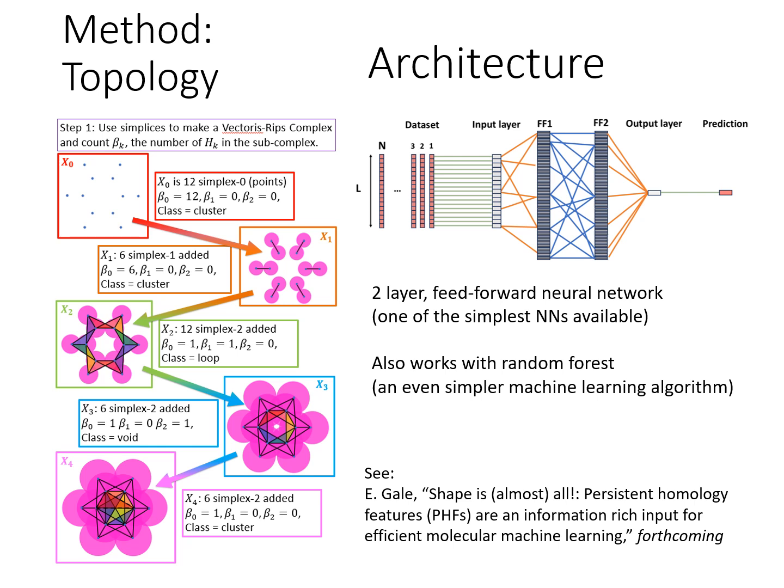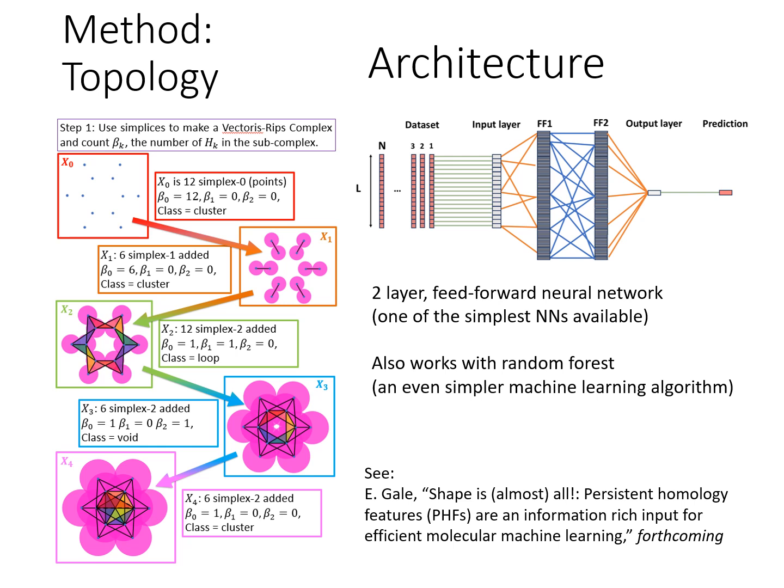So in this example with benzene, when the radii of the ball are very small, we have 12 connected regions. That's 12 points. They're not connected to each other, they're connected to themselves. As the size of the balls grow, they start to merge, and as you can see, we now have 6 connected regions in this example, and if they keep growing, eventually they merge into a loop, which is one connected region and one loop.